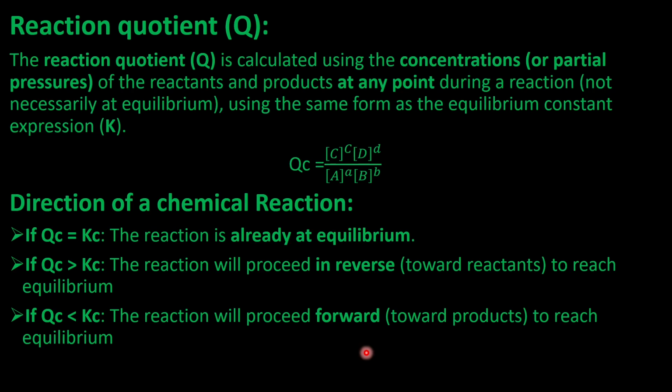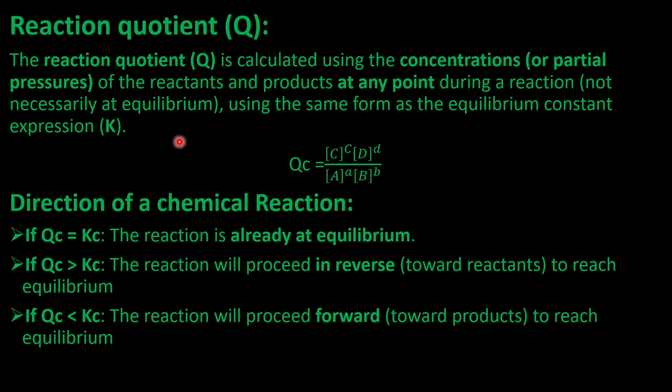Now, reaction quotient. So what is the reaction quotient? By definition, the reaction quotient is calculated using the concentrations or partial pressures of the reactants and products at any point during a reaction, not necessarily at equilibrium, using the same form as the equilibrium constant expression. So for the reaction quotient, we use Qc, and the remaining terms are written in the same form.